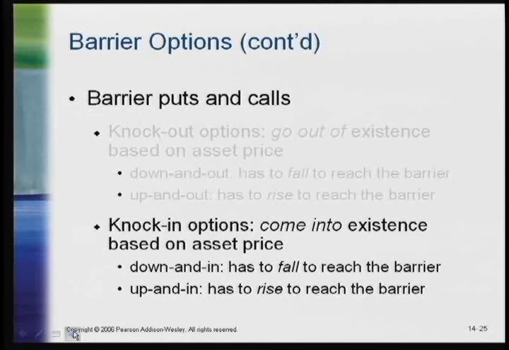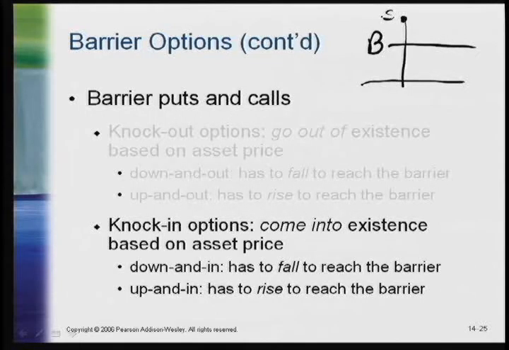And with a knock-in option, here's the barrier. The option is initially dead. It's not alive, and it is only alive if, in fact, the stock price hits the barrier.